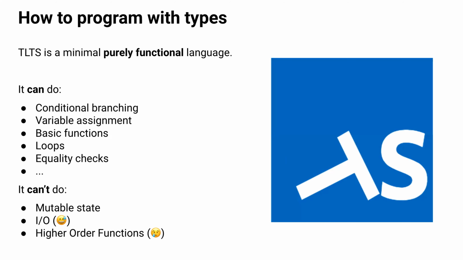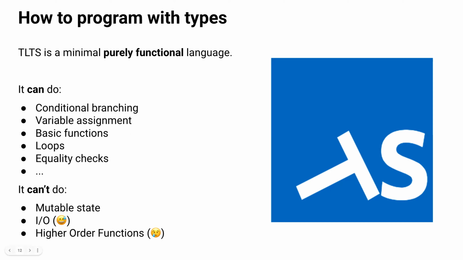So TLTS is a minimal purely functional language, just like Haskell or OCaml, and OCaml is not pure anyway, like some other languages. It only has functions. And so you can do conditional branching, variable assignments, functions, loops, equality checks, and a lot of other stuff.